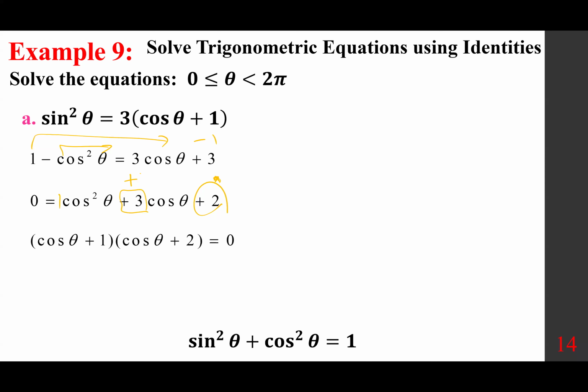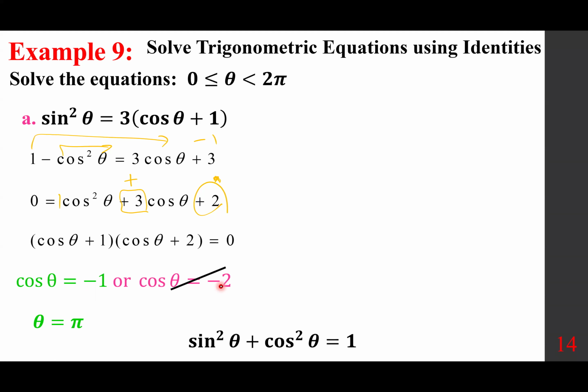So cosine theta is either negative 1 or negative 2. Now, cosine theta equals negative 1, we know the answer is pi. Cosine theta equals negative 2 has no solutions, because cosine theta is between negative 1 and 1.